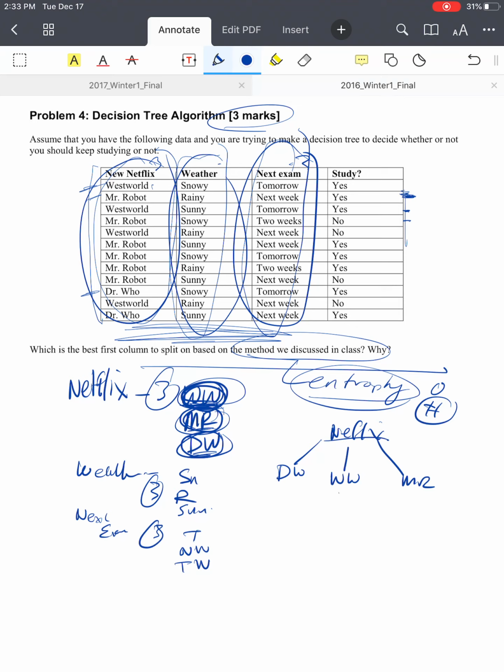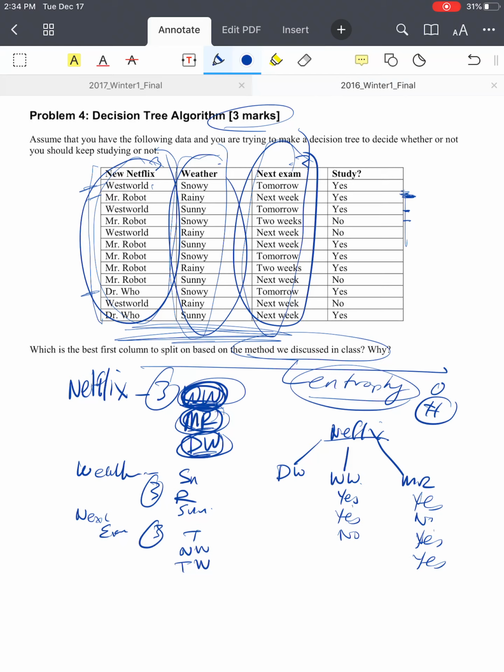For Netflix, Westworld is a yes. Mr. Robot is a yes. Westworld is a yes. Westworld is a no. Westworld is a no. Mr. Robot is a yes.